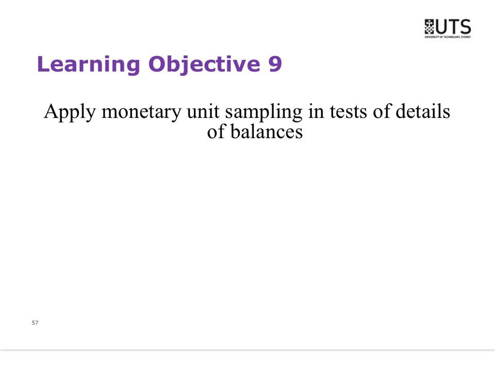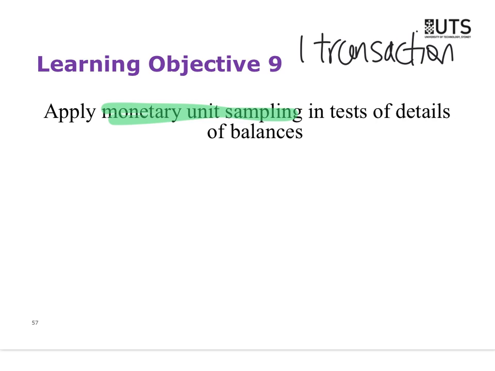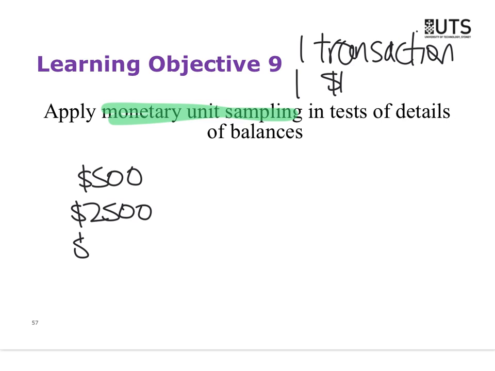Okay, so the last thing we're going to look at is something called monetary unit sampling, which says instead of using one transaction as the unit, what if I used $1? Generally you might have a transaction that's $500, a transaction that's $2,500, a transaction that's $10,000.